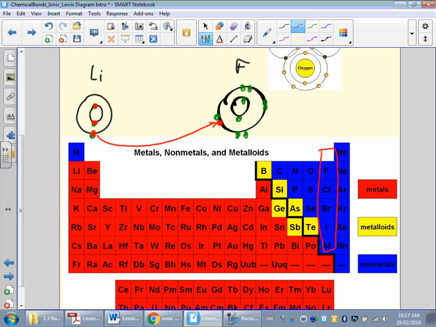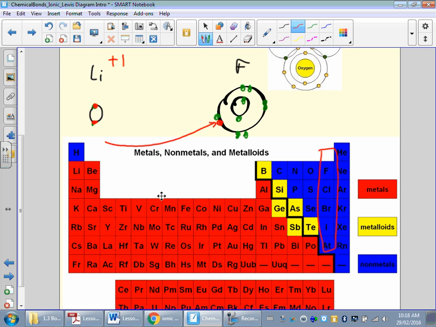Now when that happens, this lithium has lost the electron. It has a full outer shell now, but because of that, it has an imbalance in electrons and protons. It has one less electron than proton, and because of that it becomes Li plus 1, though you don't generally show the plus 1.